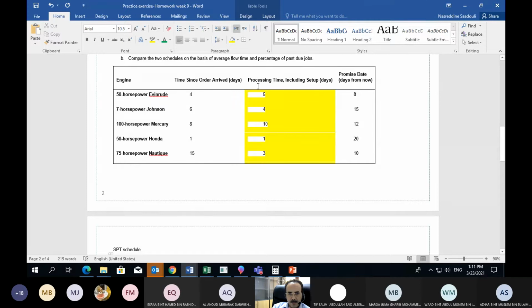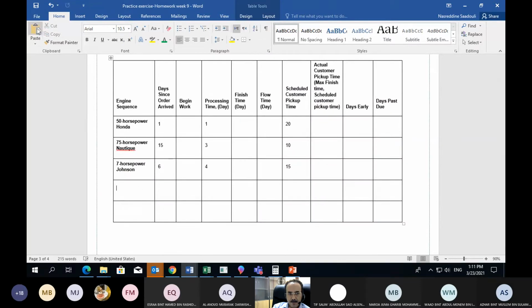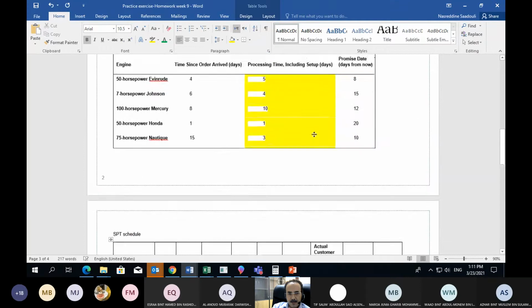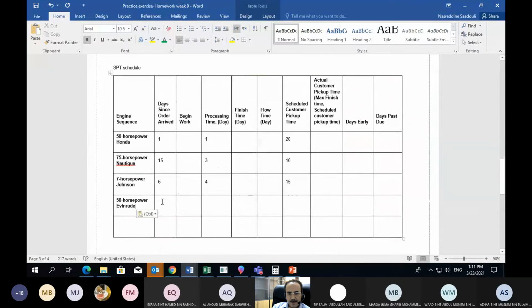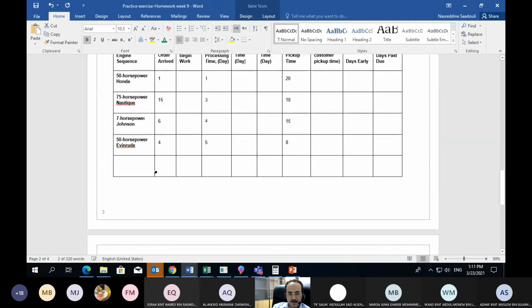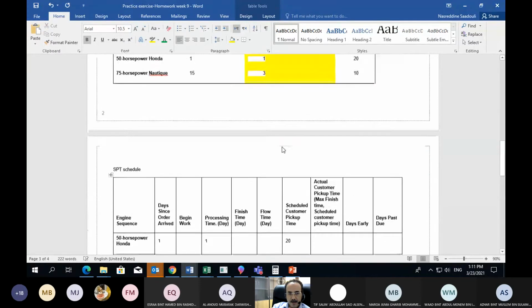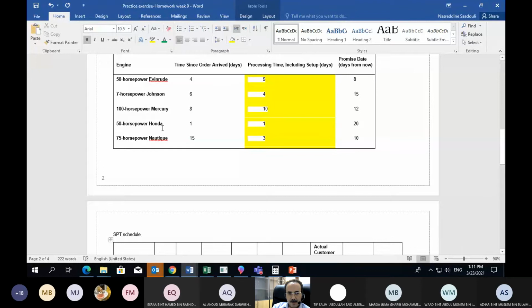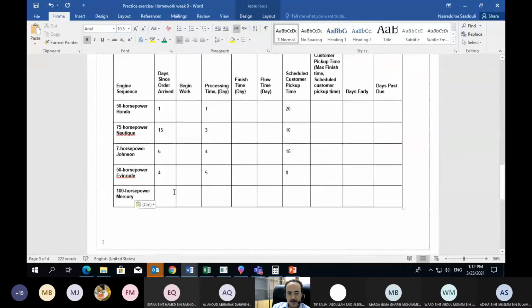The next one will be, so 1, 3, 4, the next one is 5, so the horsepower, whatever, and the values for that are, we have 4, 5, and 8. And the last job in the sequence is the one with the highest processing time, so it's the Mercury engine. Okay, and the values for this are 8, 10, and 12.